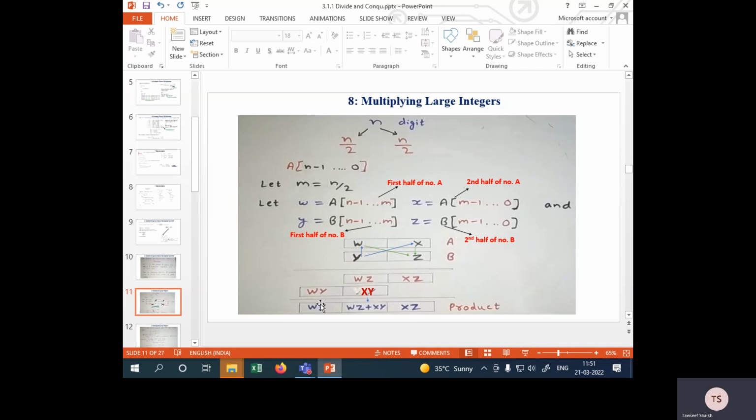Then I just take this wy as such, take their sum, take this as such, this will be the final product in a rata manner.